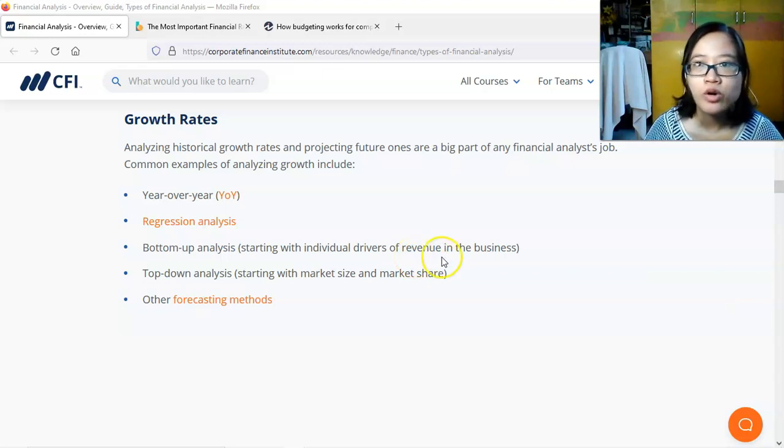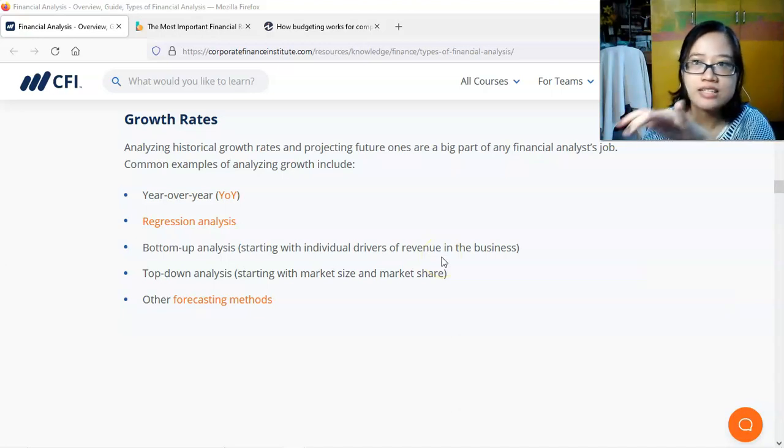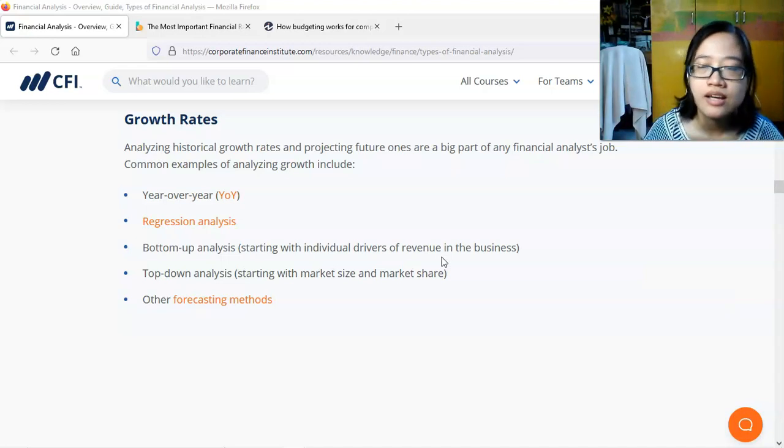Tapos, pwede mong tingnan, trend analysis din, horizontal analysis, makita mo kung meron nga siyang effect dun sa revenue ng company. Okay.